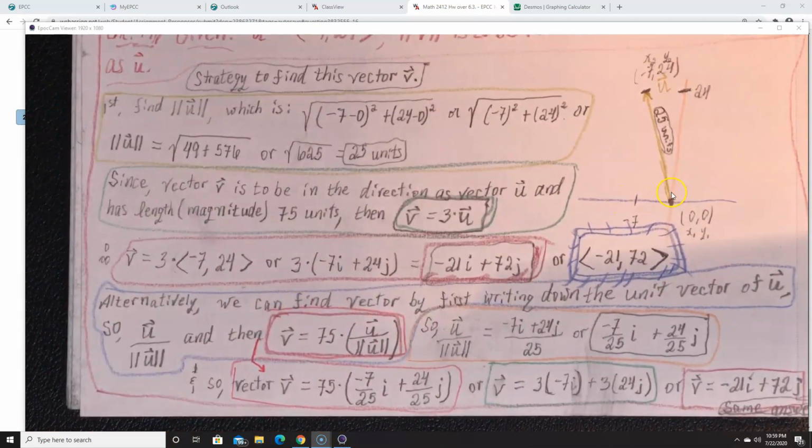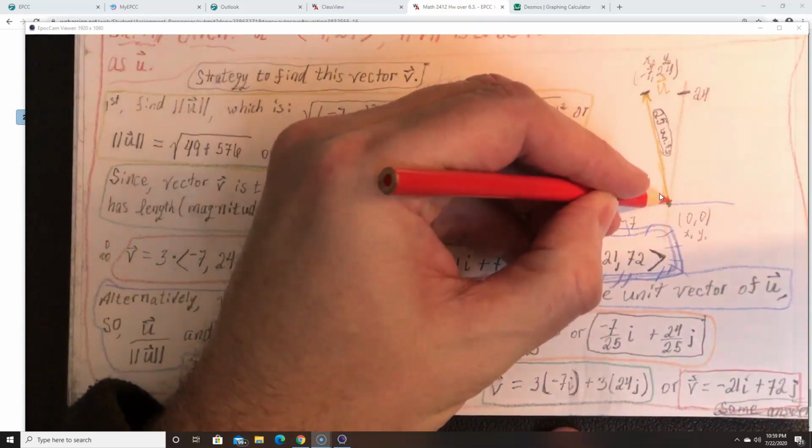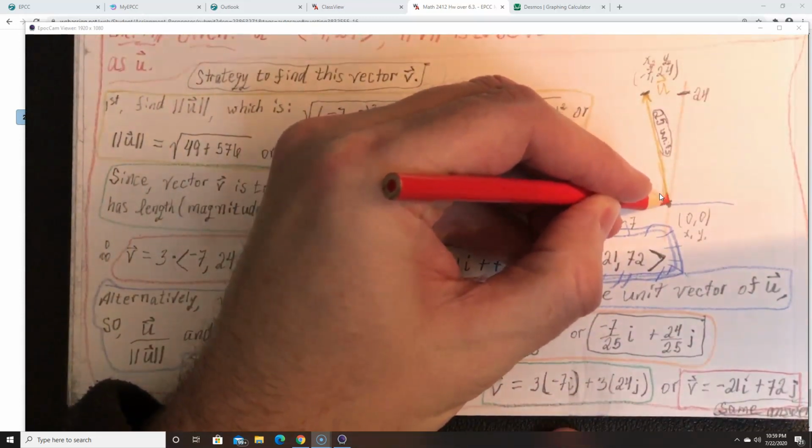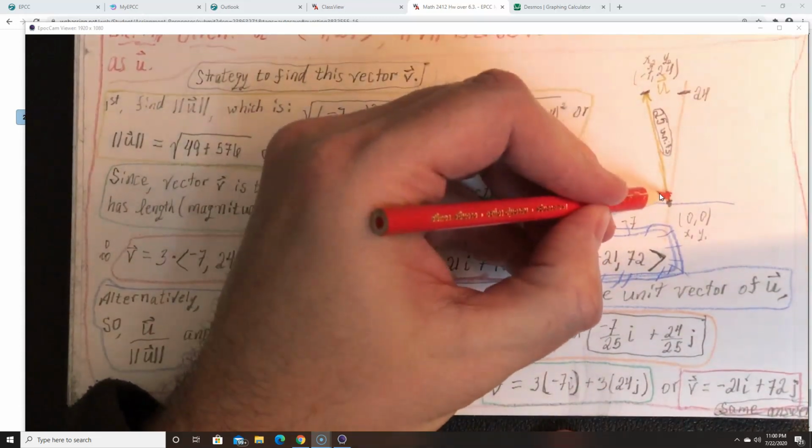First, get this original vector and get its unit vector, which means write down the vector that's in the same direction as this one, but it's only 1 unit long. So this little tiny vector would be in the same direction as this vector right here, but it's only 1 unit long.